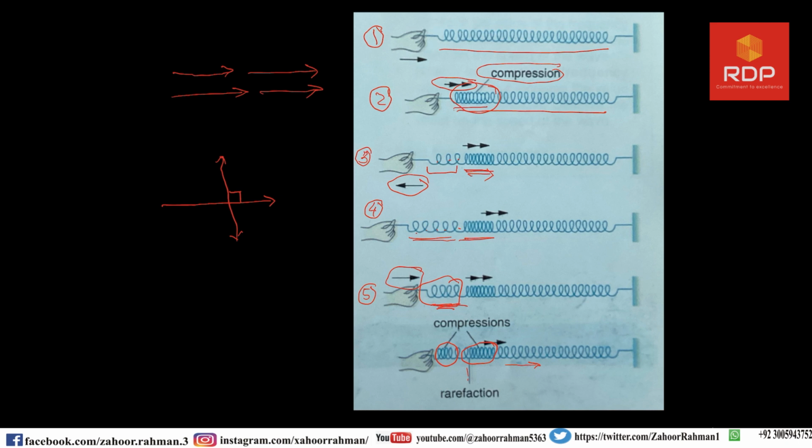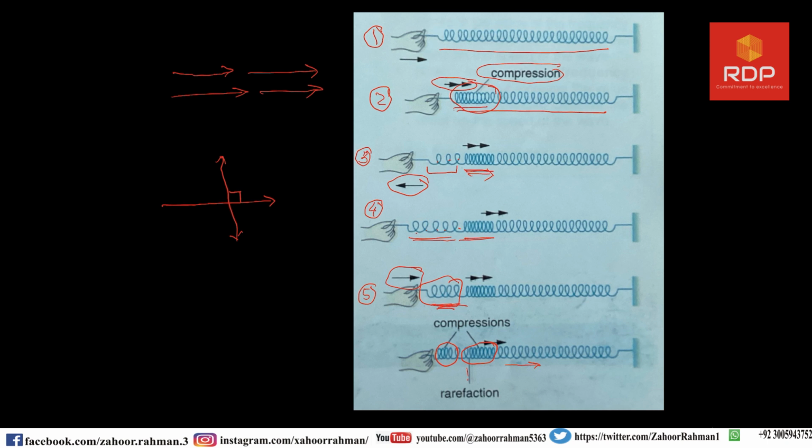There are two main differences we can observe. The first one is that the medium particle in the case of transverse waves is vibrating perpendicular to the motion of the wave, while in the case of longitudinal waves, the medium particles are vibrating parallel to the motion of the wave. That was the first difference.